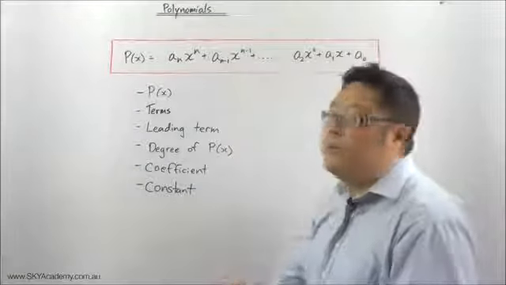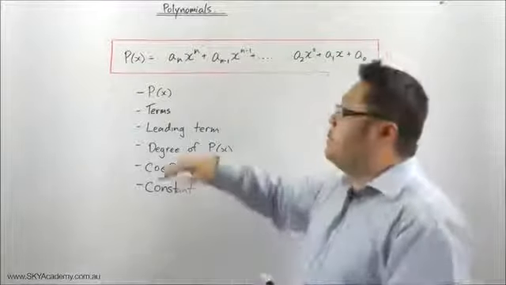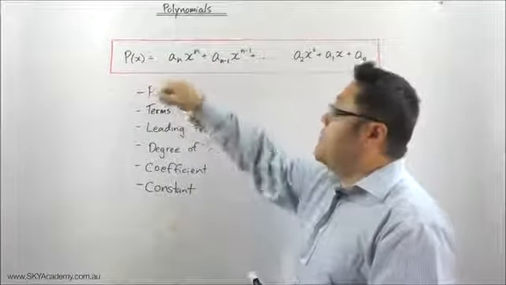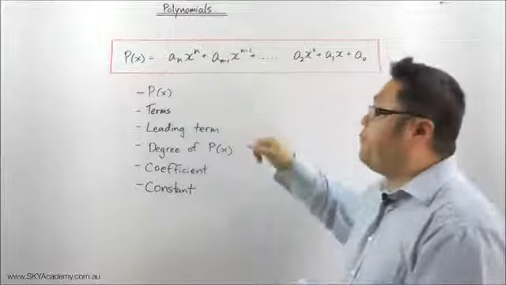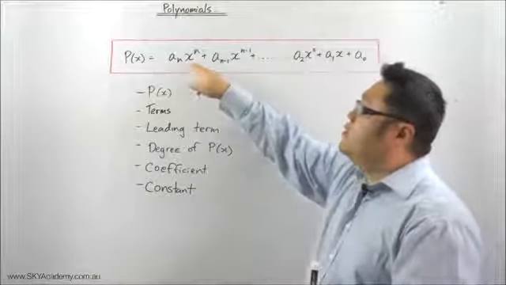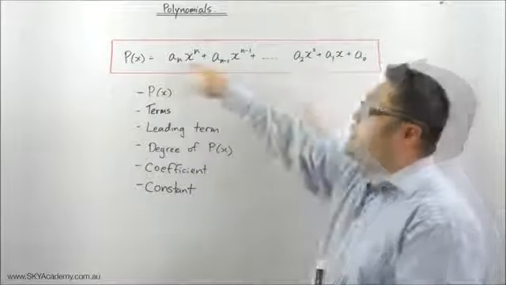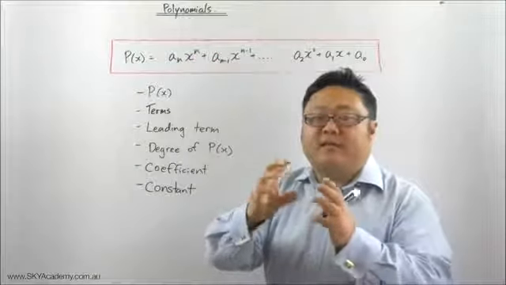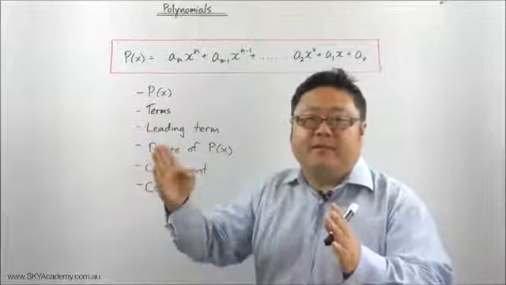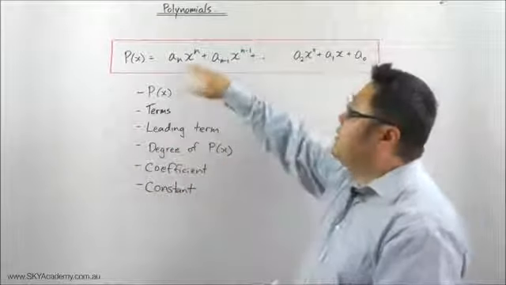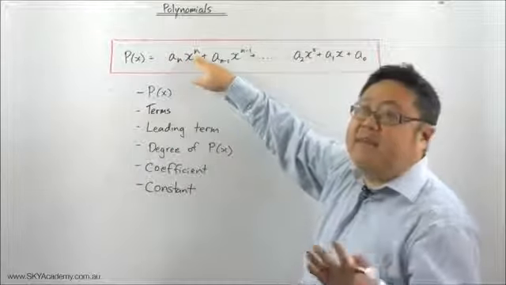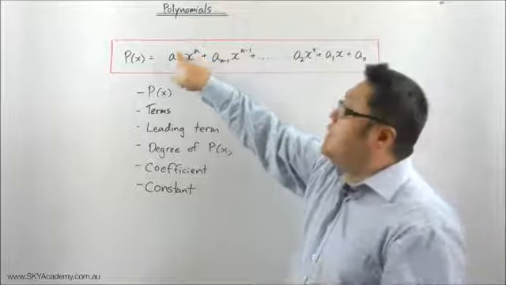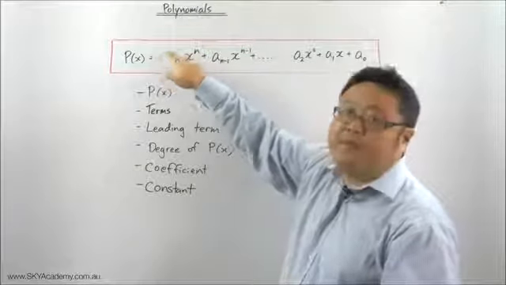So what is a polynomial? A polynomial is basically an expression that has terms with x in it, and it's x to a power. So it has terms of x, various x's to different powers. You might start off with x to the power of a number, say n, with a constant at the front.